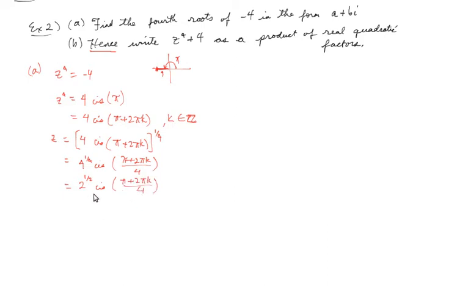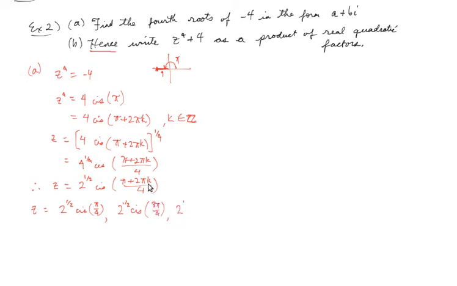So this is my general formula for the roots. Now I just plug in values of k. When k is 0, I end up with z equals 2 to the power of 1/2 cis of pi over 4. When k is 1, we have 2 to the 1/2 cis of 3 pi over 4.